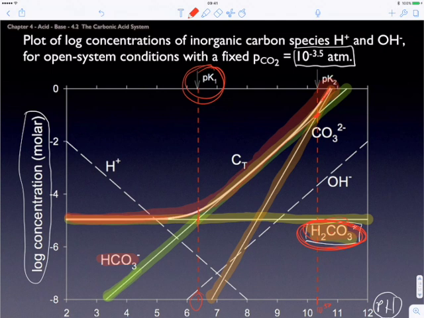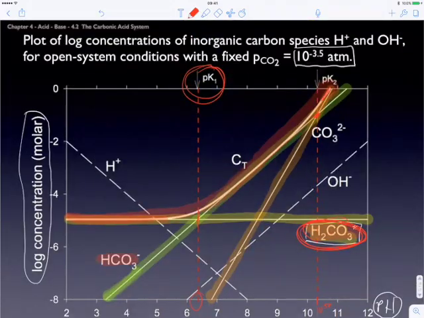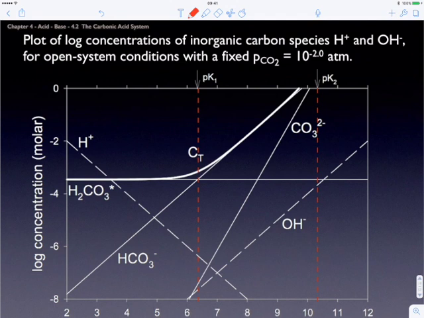And of course everything depends on the PCO2. If you increase the PCO2 and, for example, take, instead of 10 to the power of minus 3.5, 10 to the power of minus 2, everything is increasing. You go back to here, this goes to this level here, and this goes to this level here.